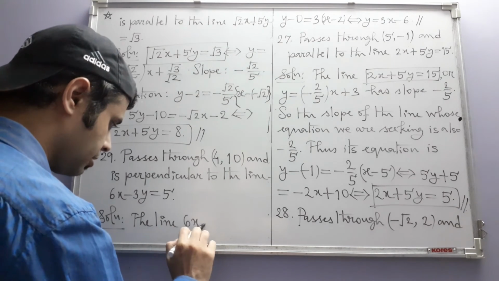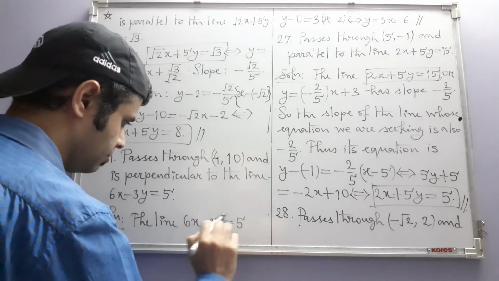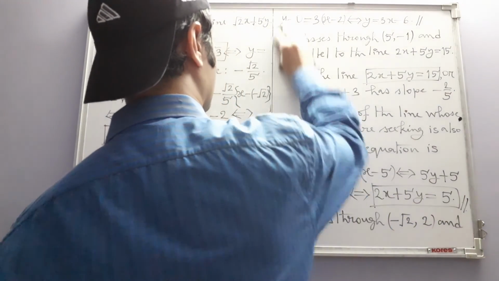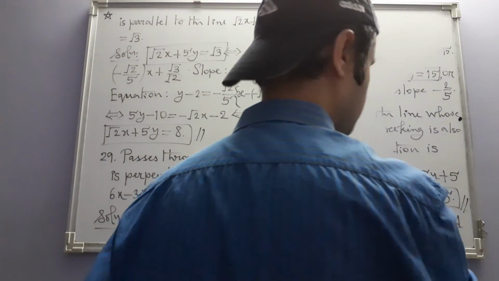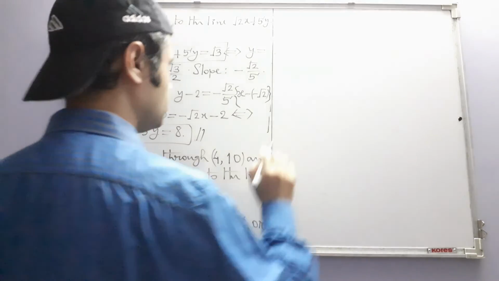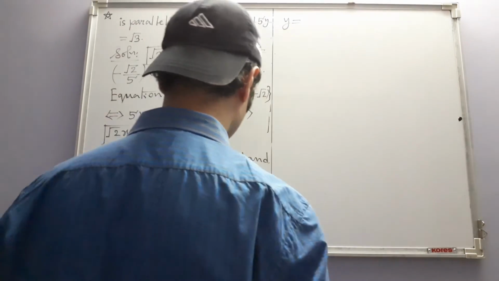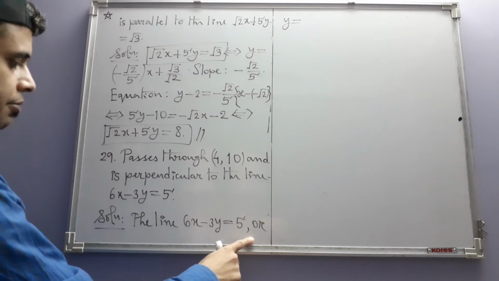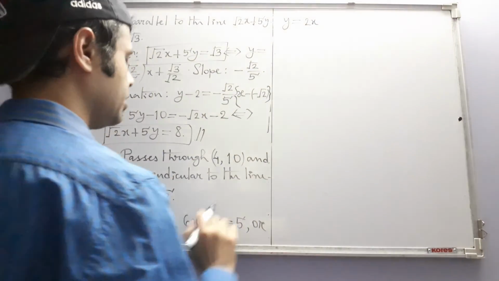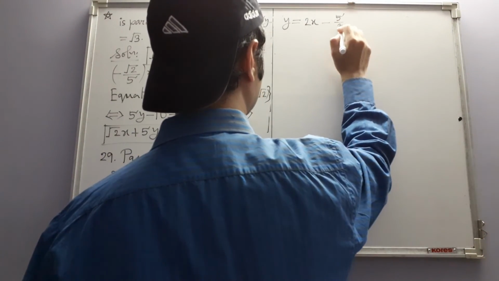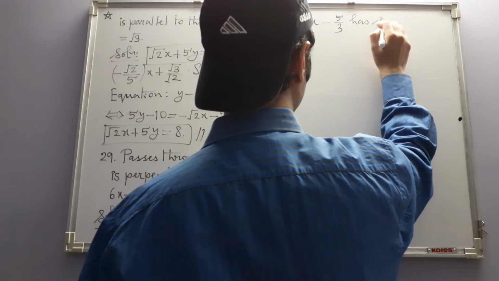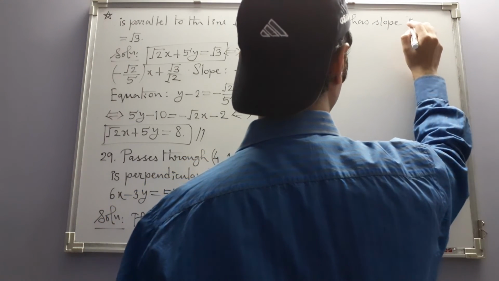The line 6x minus 3y equal to 5, or y equal to, so you take 3y on that side, you divide by 3, y equal to 2x minus 5/3, has slope 2.